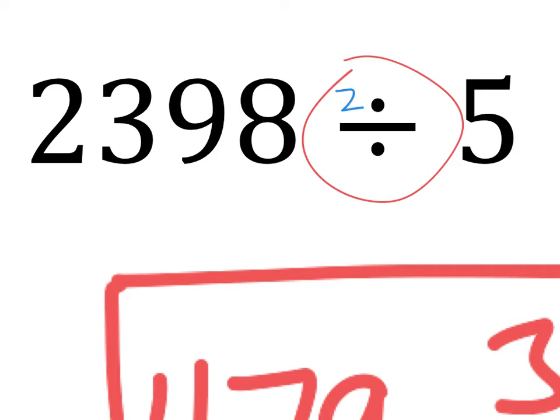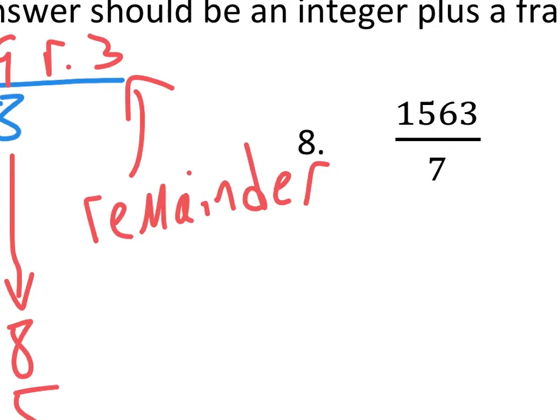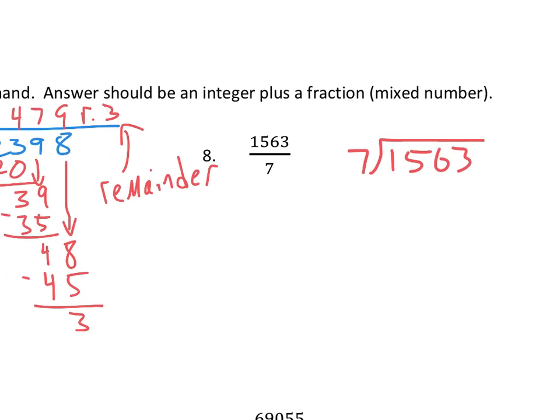We have 2,398 divided by 5. So really, ever since you've been using this division symbol, you've been writing that division is a fraction. That little symbol is a fraction, kind of a generic fraction. So that's what's going on.